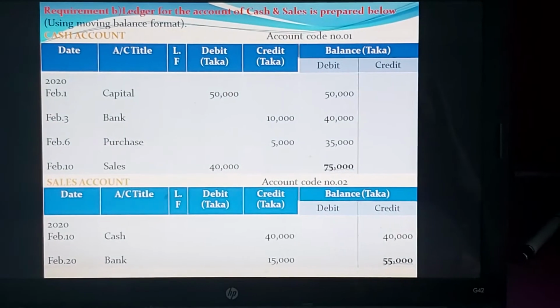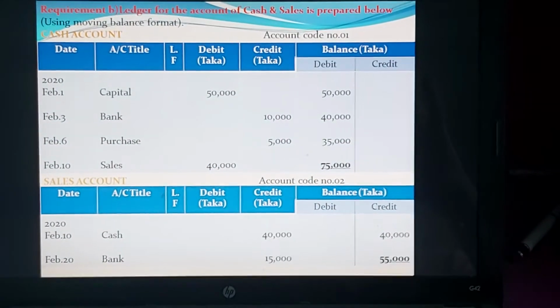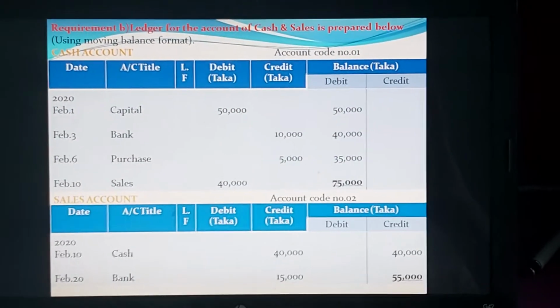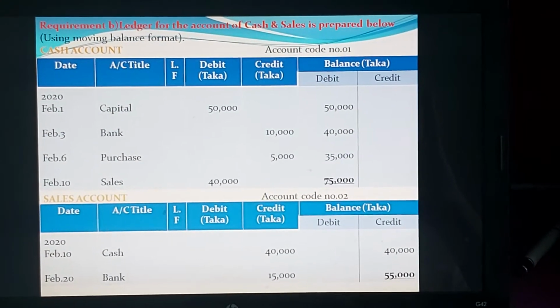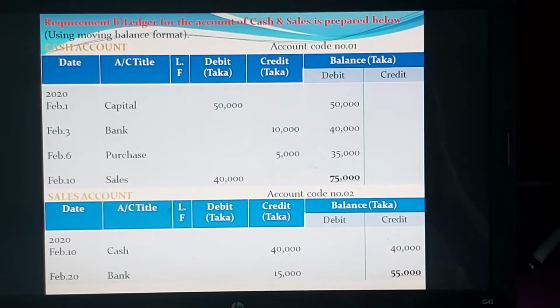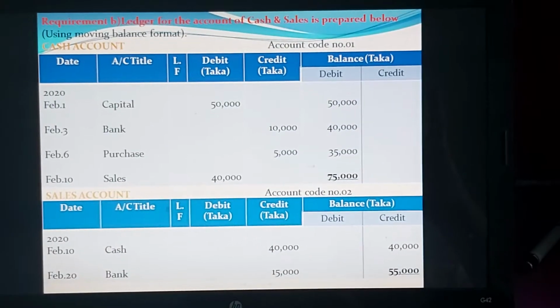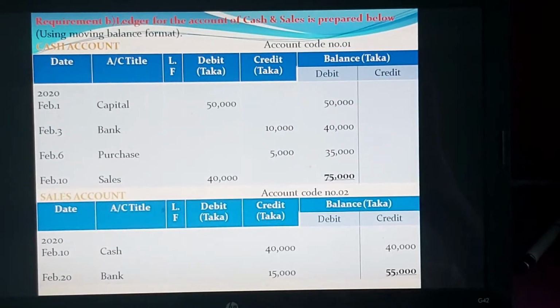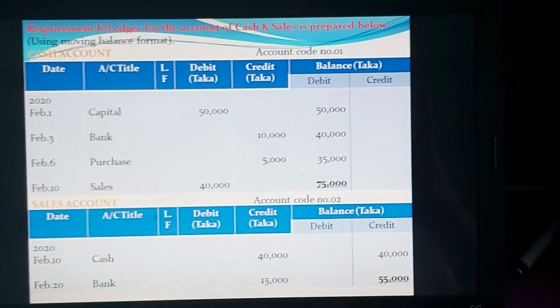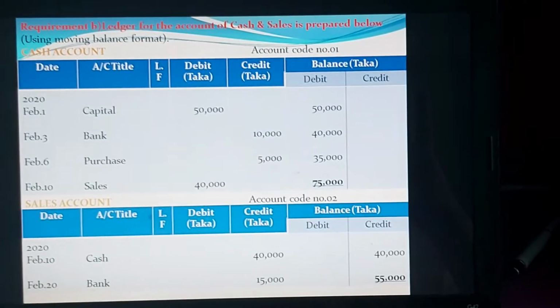Again, you have to balance this one. How to balance it? Debit balance available is taka 40,000, but in this situation February 6, 5,000 is credit posting, so you have to deduct it. 40,000 minus 5,000 is equal to taka 35,000 in available debit balance.